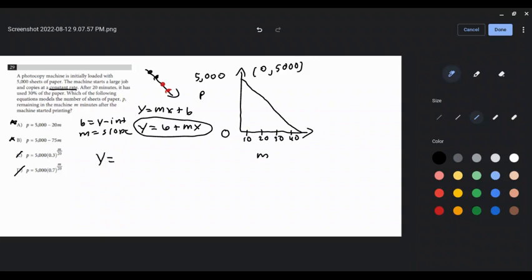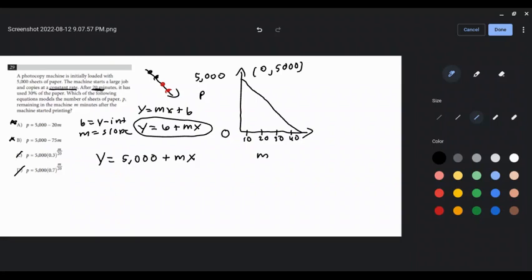So we'll plug in 5,000 for b. So we have y equals 5,000 plus mx. So the only thing we're missing now is the slope, which is m. So to find the slope, we need to have 2 points. We already have one of them, and if we look at the problem, we can find the other one.